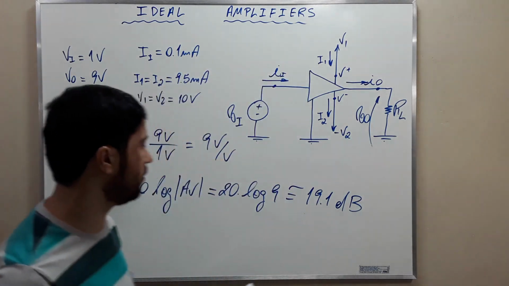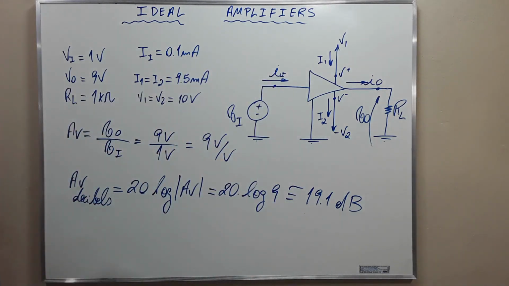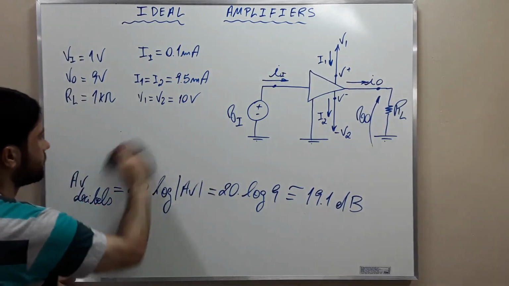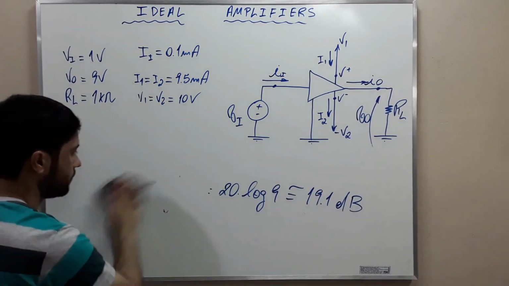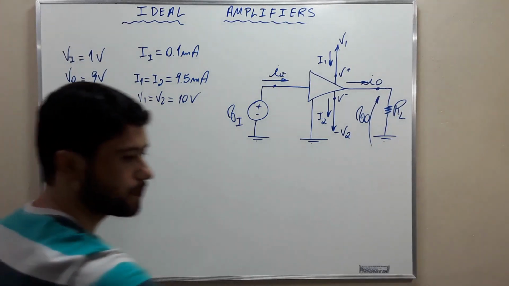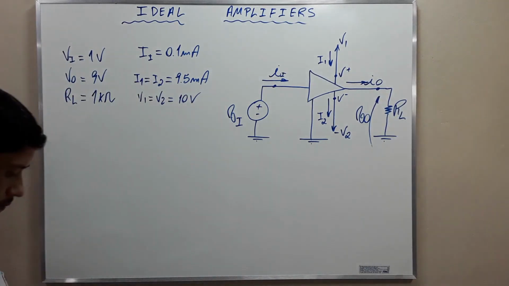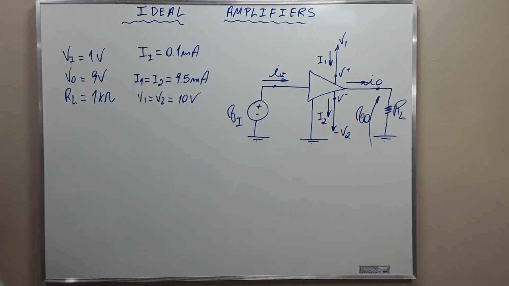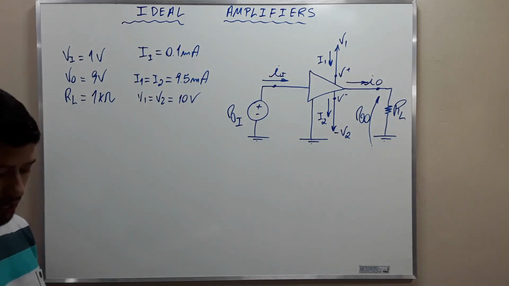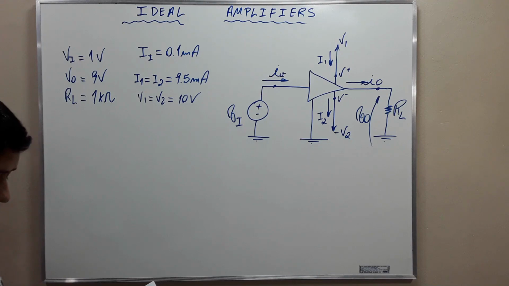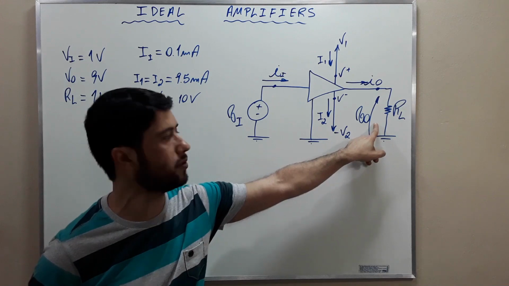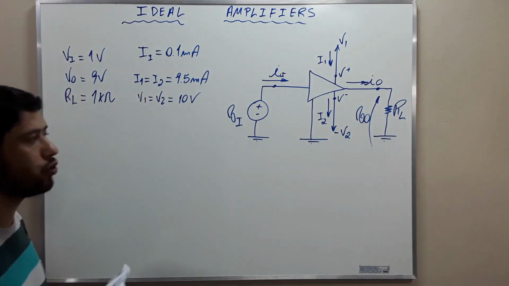Now let's calculate the current gain. To calculate the current gain, first of all, we need to calculate the output current. We are going to use these values the problem gave us.